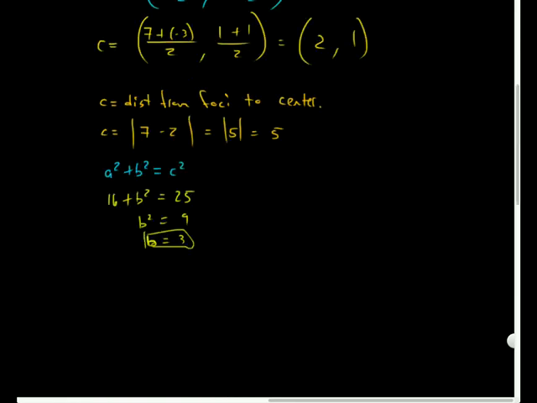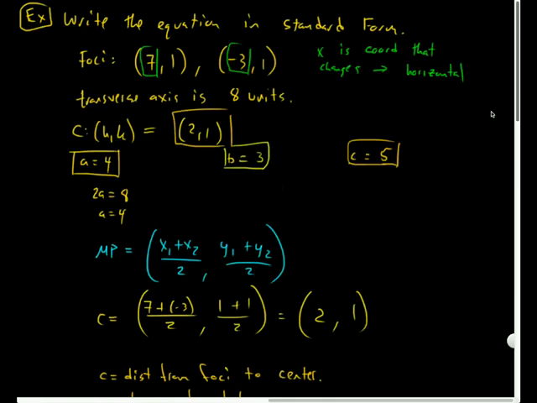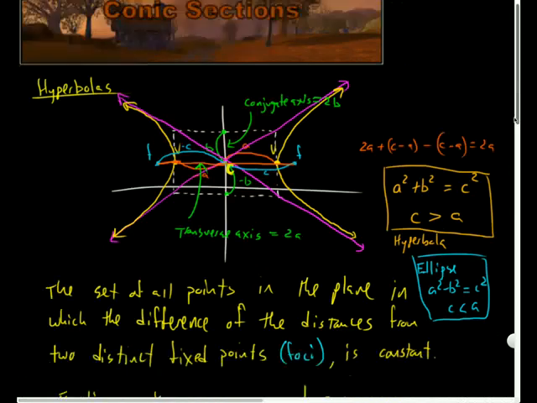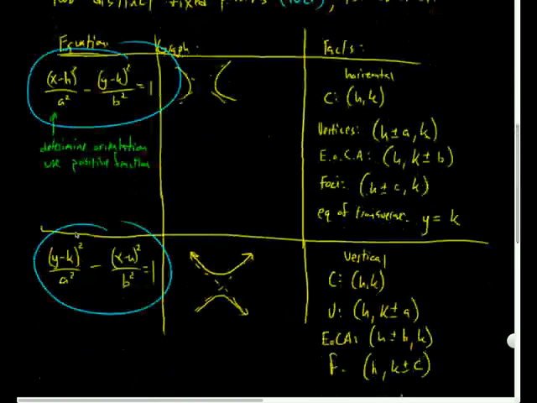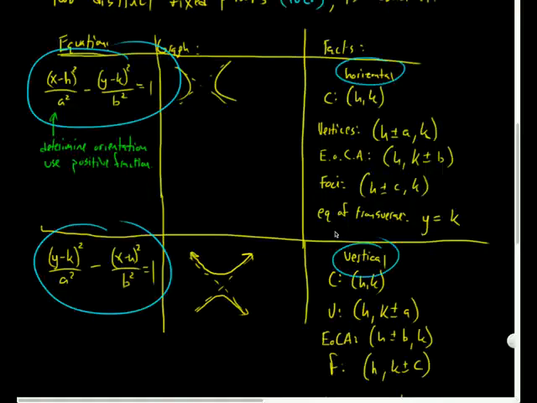And what is the standard form for the equation? Well, there are 2 we could pick from. If I scroll over here, I'll show it to you. There's this one or this one, and the way I pick is completely based off of the orientation.